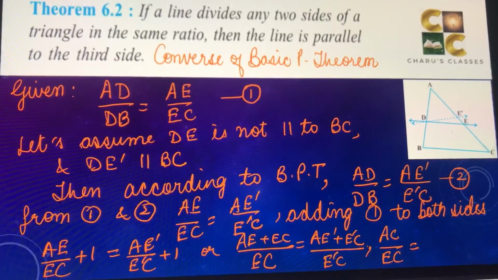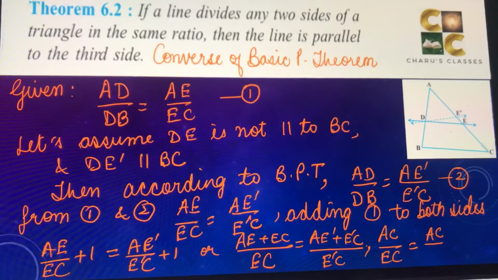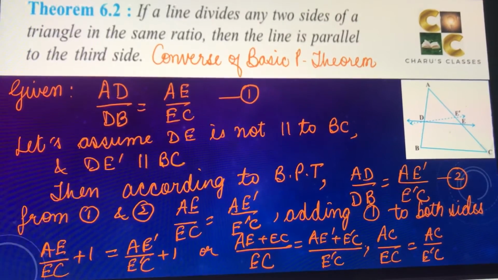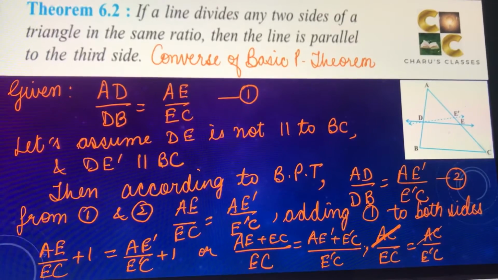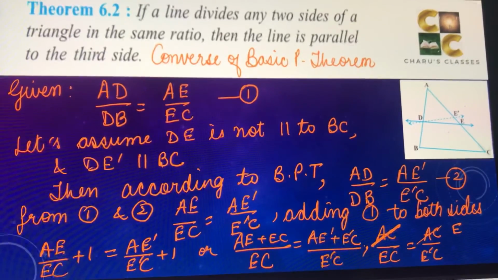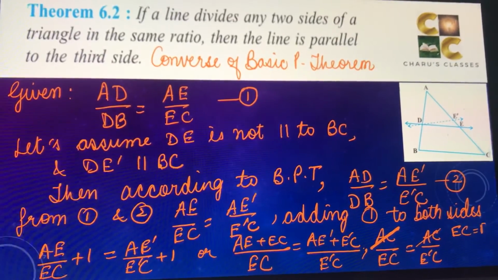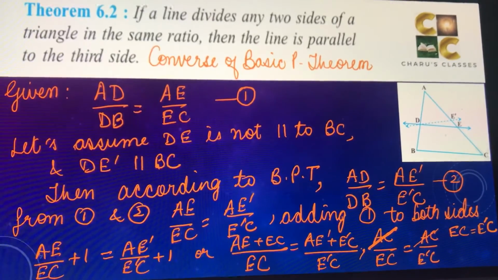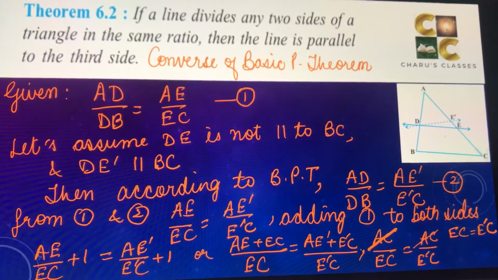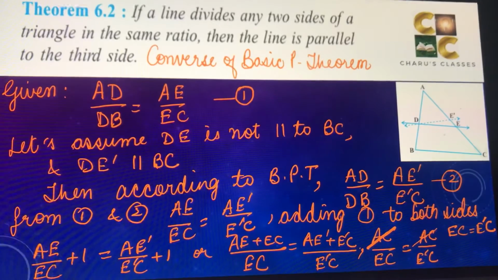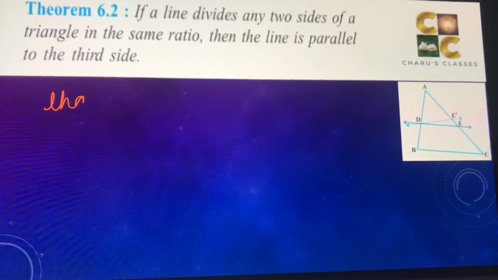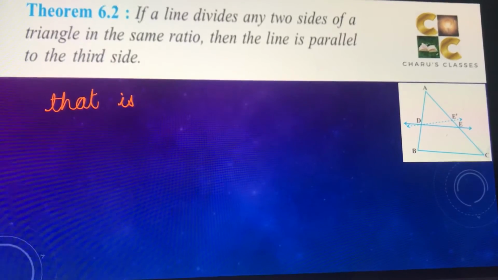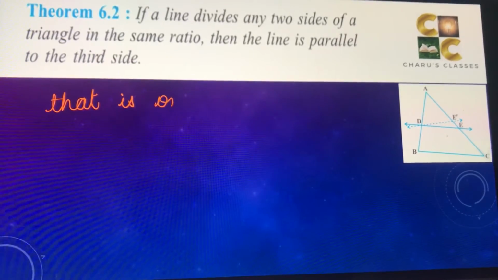अगर आप figure में देखेंगे, that is also AC and here is E dash C. Now if they are equal, this AC will cancel and you are getting that EC is equal to E dash C. So we are getting EC is equal to E dash C. So that is only possible if E coincides with E dash.